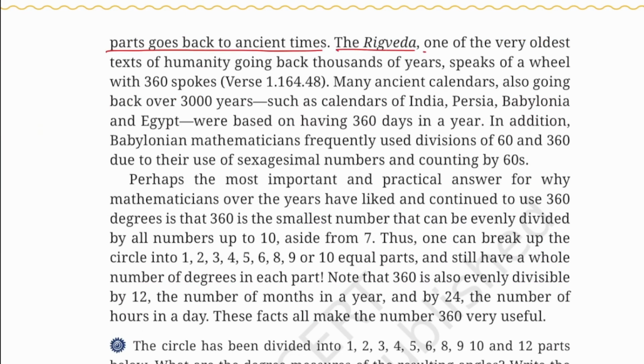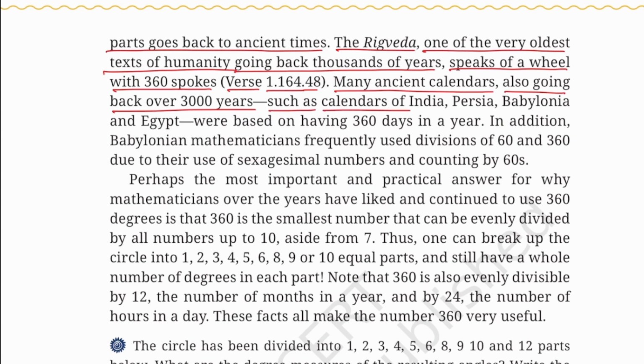The Rig Veda, one of the very oldest texts of humanity, going back thousands of years, speaks of a wheel with 360 spokes, verse 1.164.48. Many ancient calendars, also going back over 3000 years, such as calendars of India, Persia, Babylonia, and Egypt, were based on having 360 days in a year.